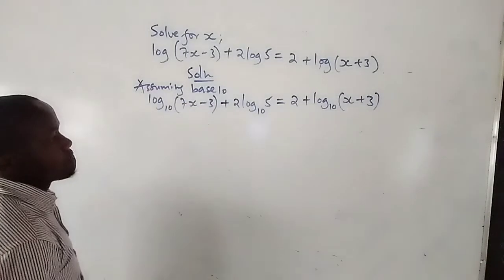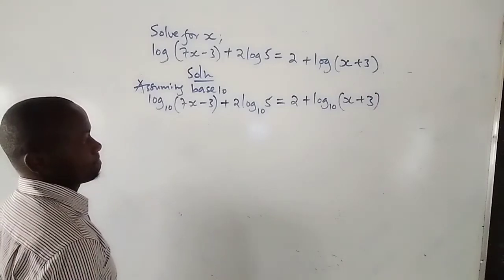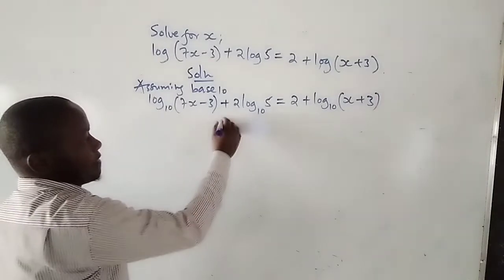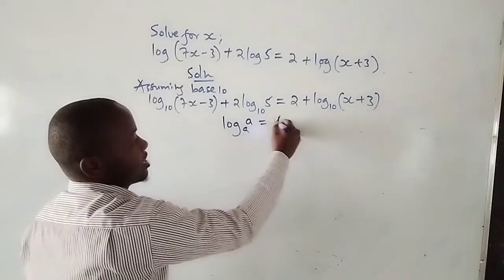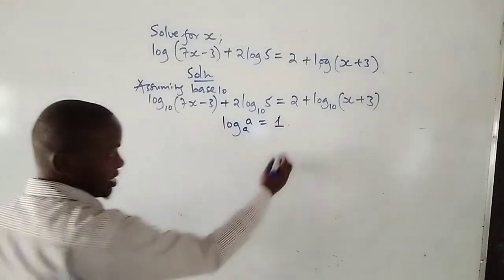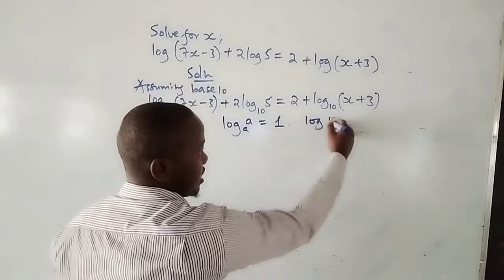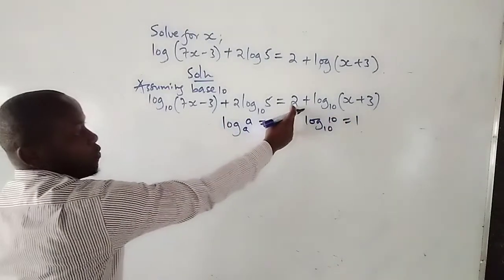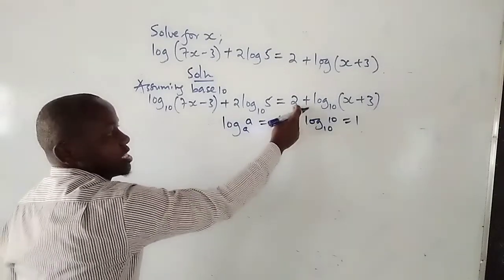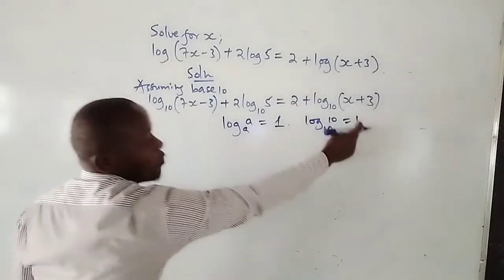Then now, we remember that the logarithm of a number to the same base gives us 1, meaning that the log of 10 to base 10 is 1. So multiplying 2 with log 10 to base 10 won't change the value of 2 because it is 1.